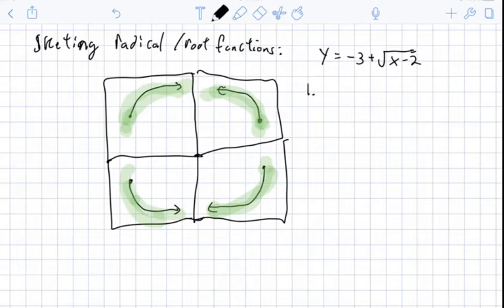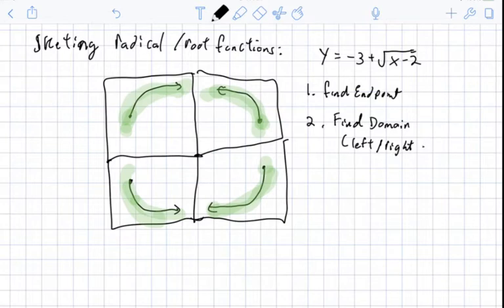One, where's the endpoint? Two, find the domain. Are we going to the left or right? Three, find the range.